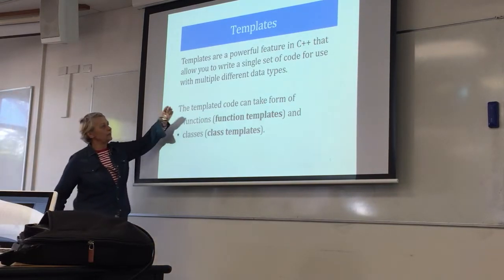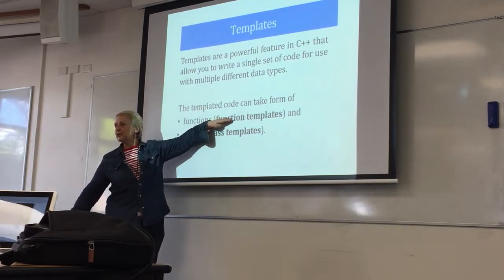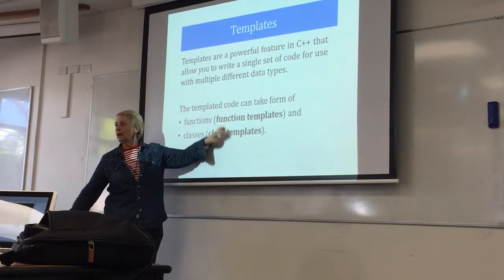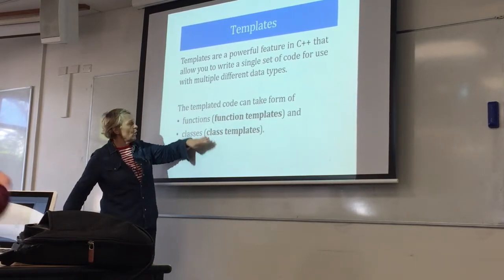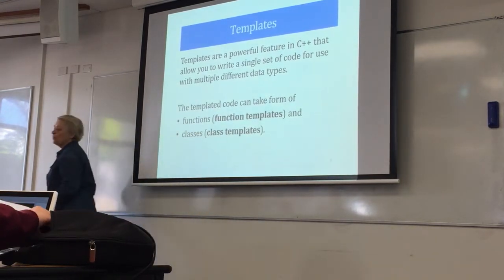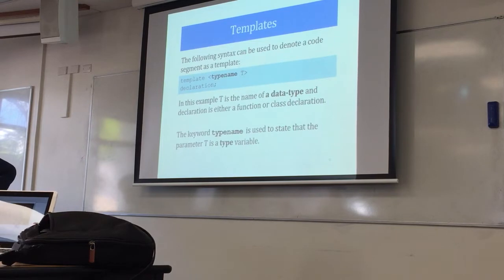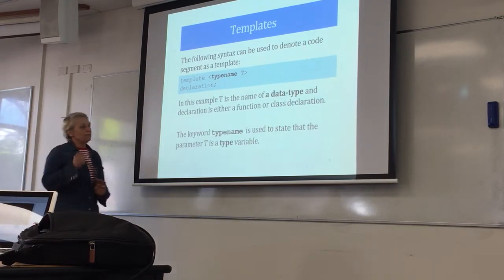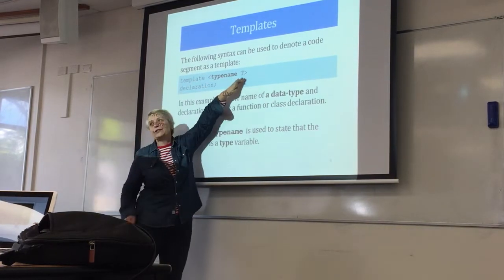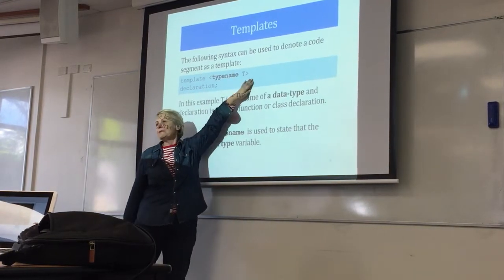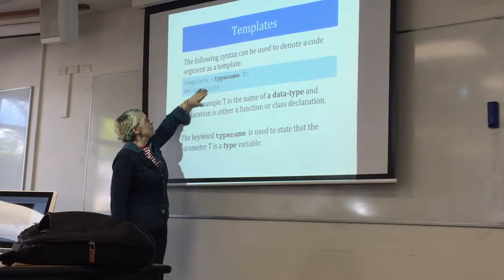And we have these templates used in two groups: for functions, as we have seen before, but most importantly for classes. For both, be aware, you have to use this syntax: template, typename T, and then some declaration.